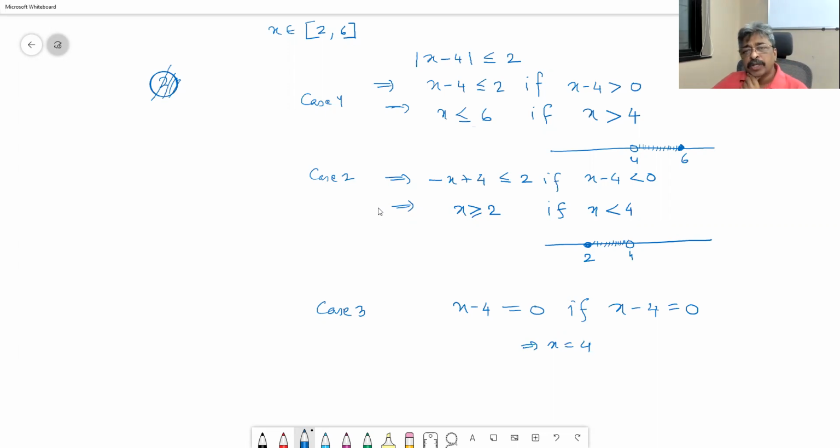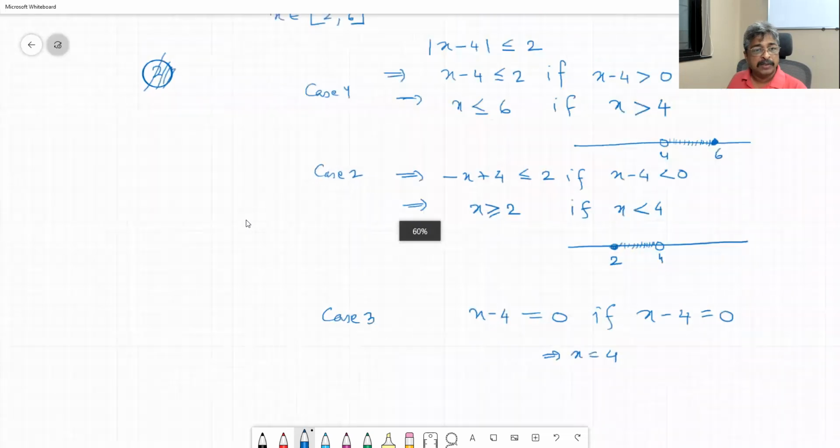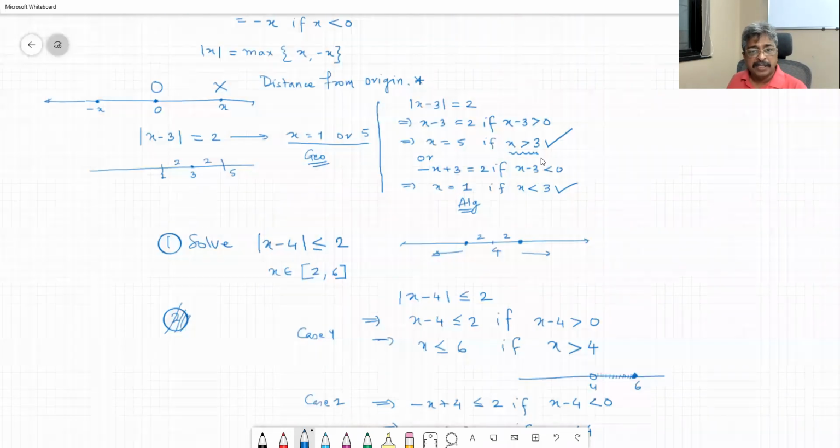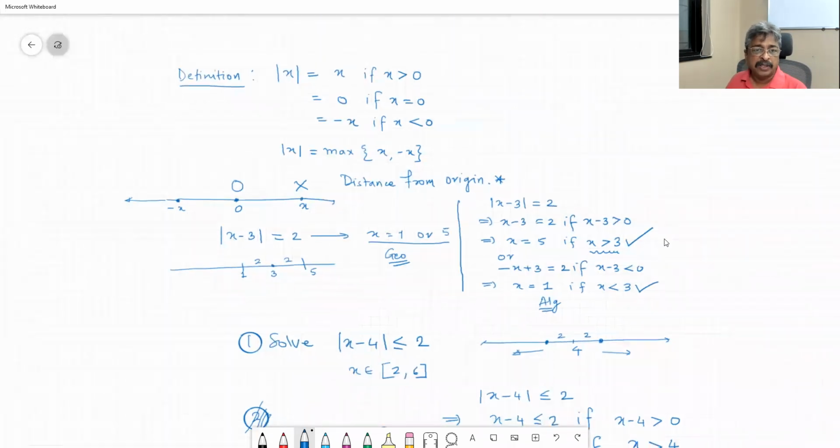In fact, instead of writing 3 statements for the definition here, you can always combine 0 in one of the two. I can write the definition in 2 steps: equal to x if x is greater than or equal to 0, equal to the opposite of x if x is less than 0. If you include 0, the answer is going to be 0, so we need not have a third case.